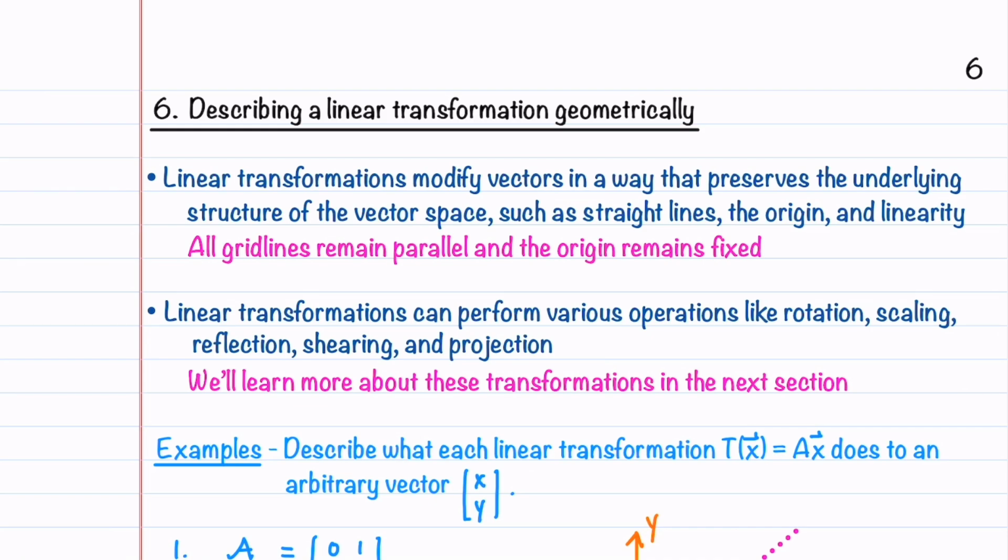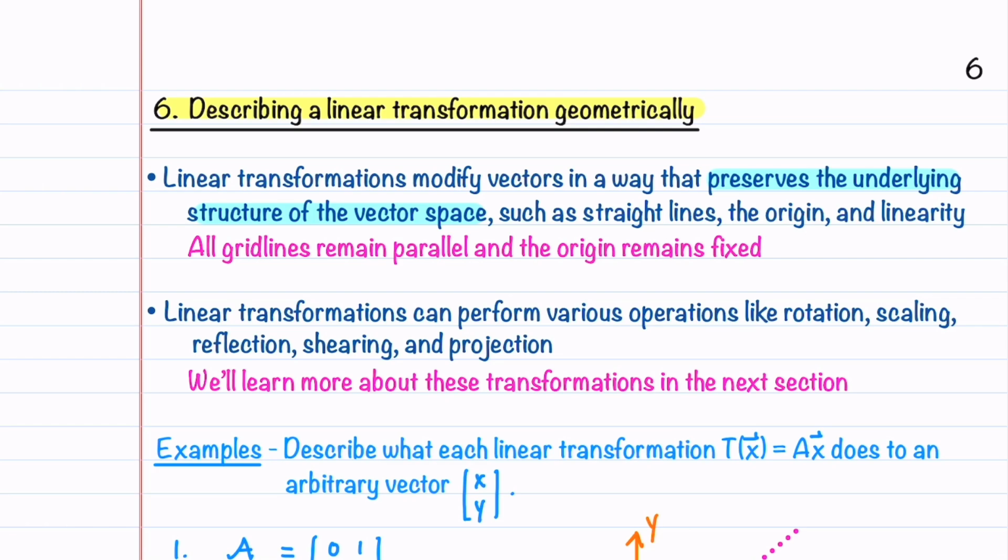Now that we know a lot about linear transformations, let's talk about how we would go about describing a linear transformation geometrically. Linear transformations modify vectors in a way that preserves the underlying structure of the vector space, such as straight lines, the origin, and linearity.